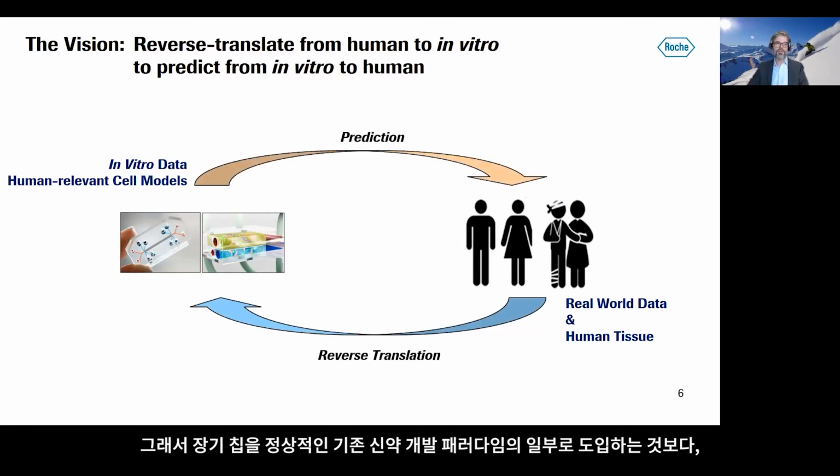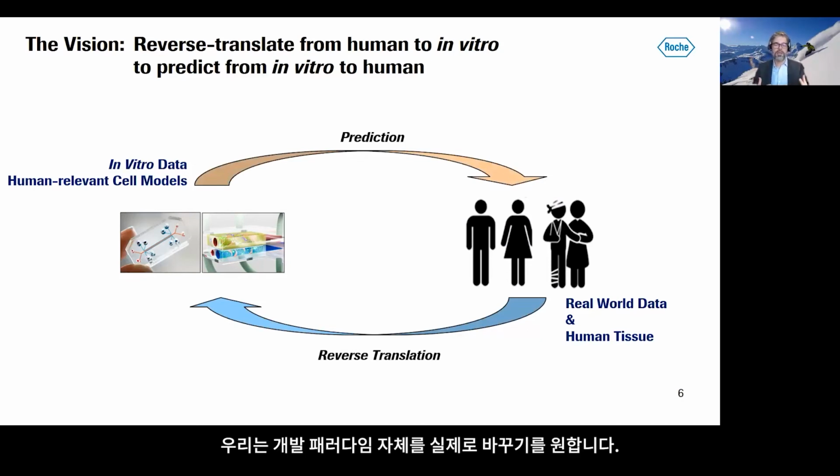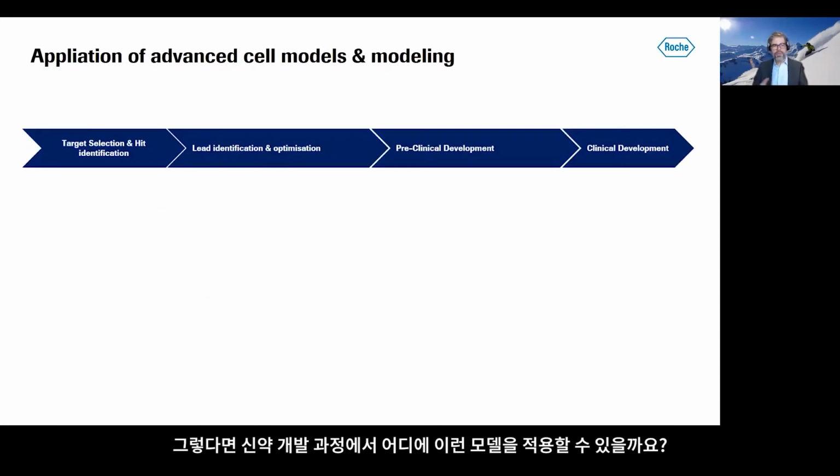So rather than just introducing organs on chips as part of the normal existing drug development paradigm, we would actually like to change the drug development paradigm. And this is our ambition here. So where do we see application of those models during drug development?